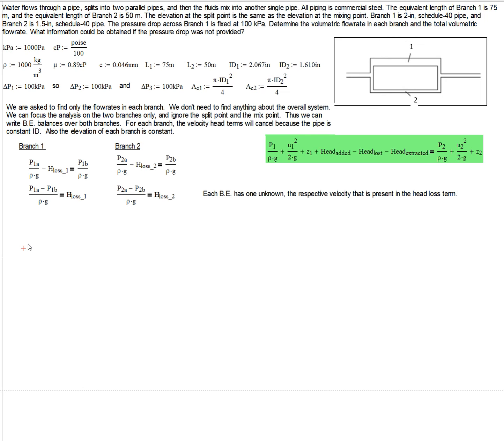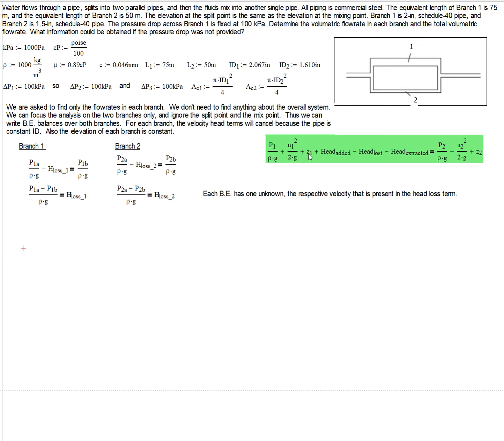For branch 1, if we apply the Bernoulli equation to branch 1, we have the pressure at what we'll call the inlet to 1, and we'll call that P1A. We don't need to worry about the velocities, because remember, the velocities are constant across the branch. Those are going to cancel.